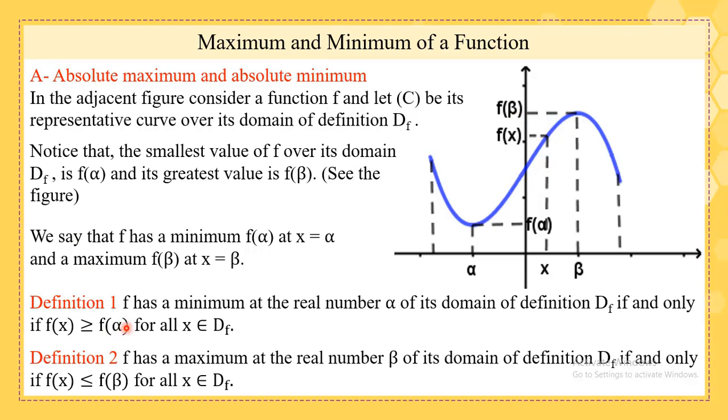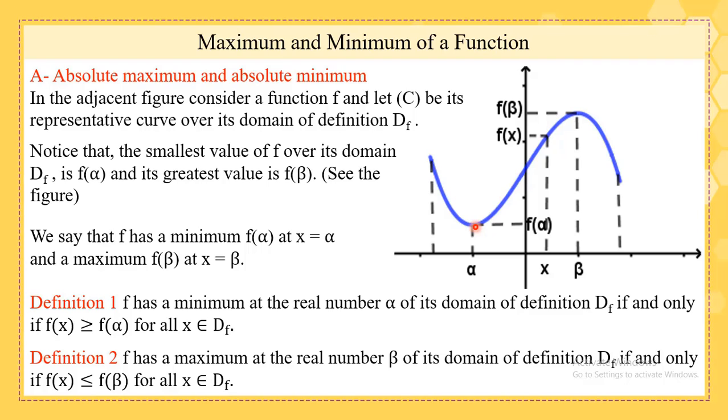By definition, f has a minimum at the real number alpha of its domain of definition if and only if f of x is greater than or equal to f of alpha for all x belonging to the domain of definition, which means that f of alpha is the minimum if any other value on the curve is greater than f of alpha.